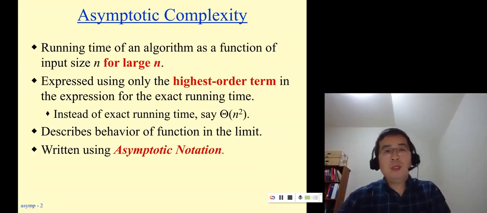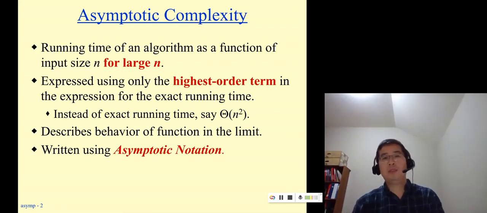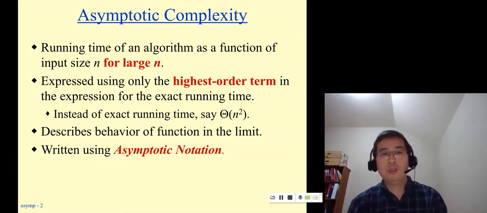Asymptotic complexity. We said that this is to measure the performance for large n. That means we want to know the scalability of the algorithm, to see whether it is efficient or not when we deal with a large scale problem. Because for a small problem, the difference is minor, very small. We can only see the difference when we process a large amount of data.